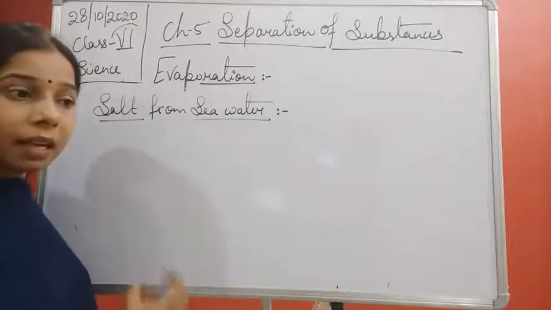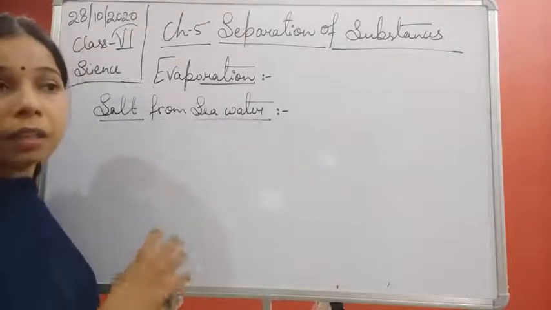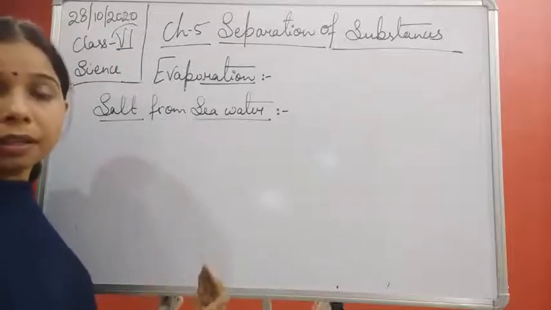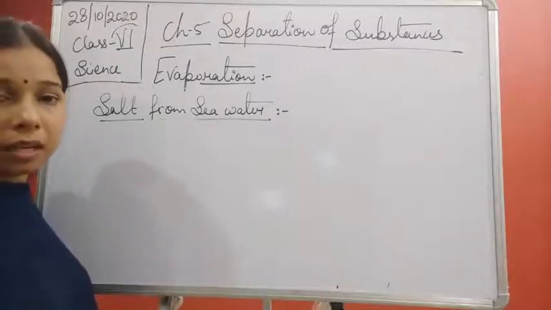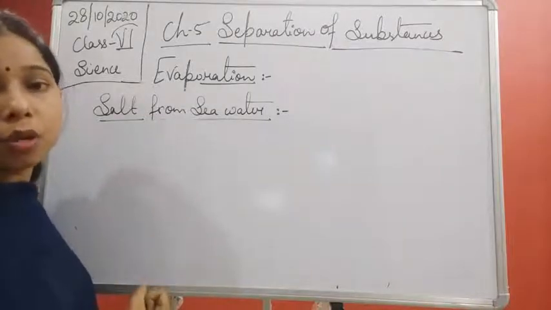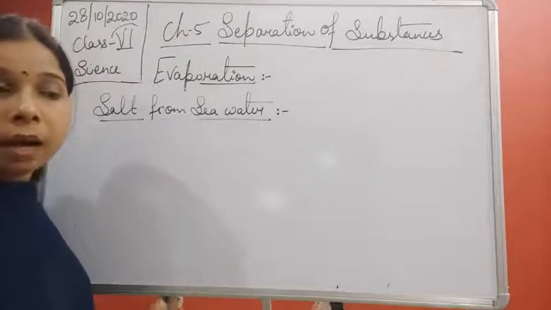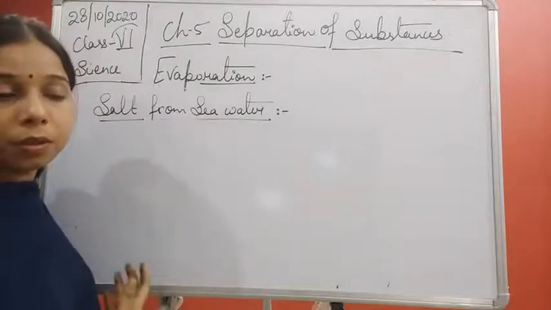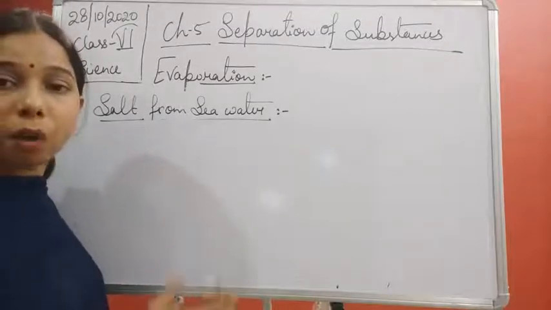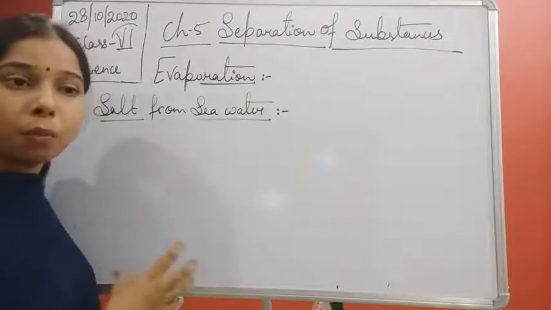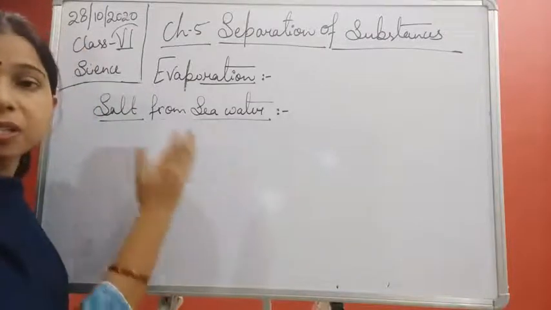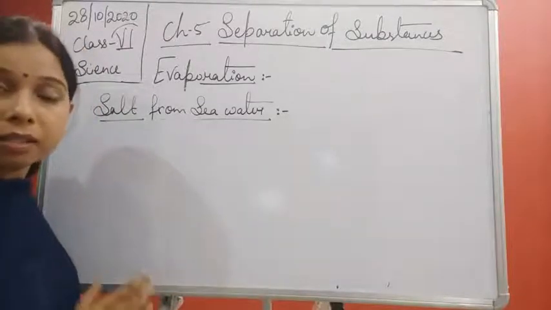When the sunlight falls on the water, it gets evaporated due to the heat coming from the sunlight. It absorbs the heat and gets converted into water vapor. This process takes place over days, and finally all of the water gets evaporated, leaving behind the salt which is present in the seawater.